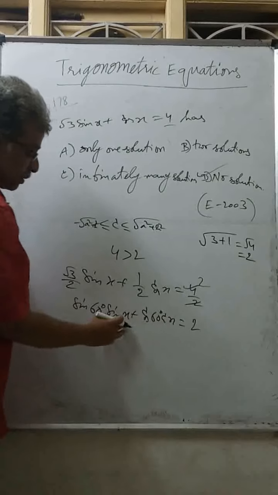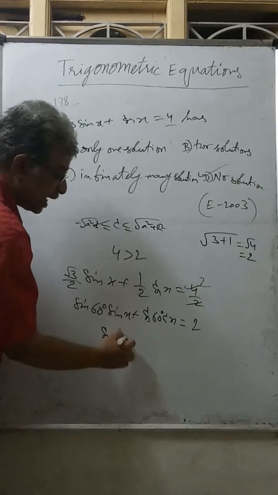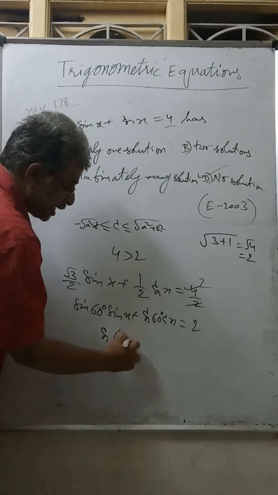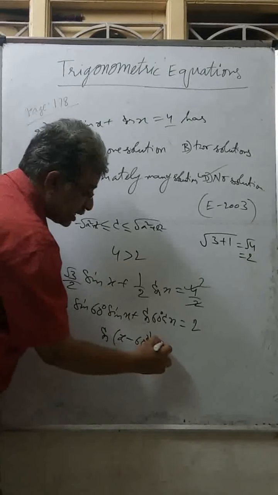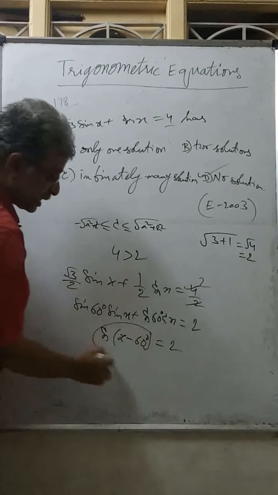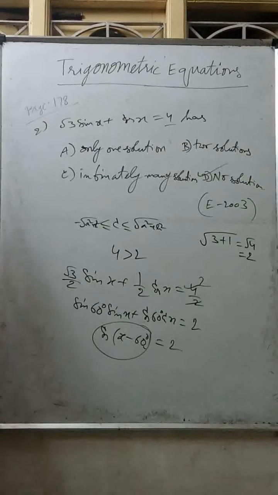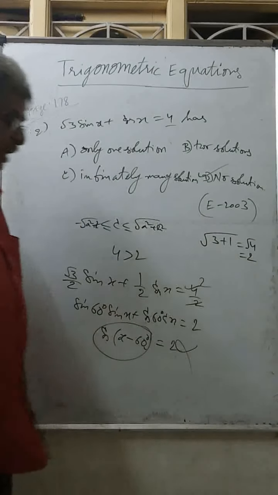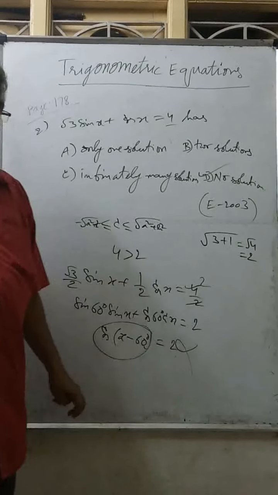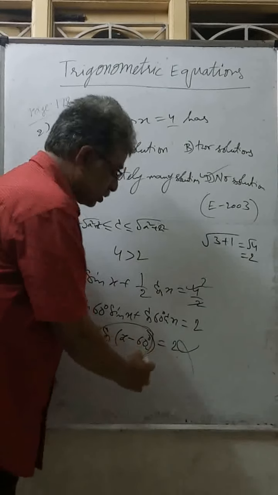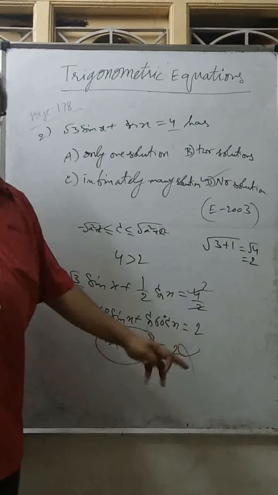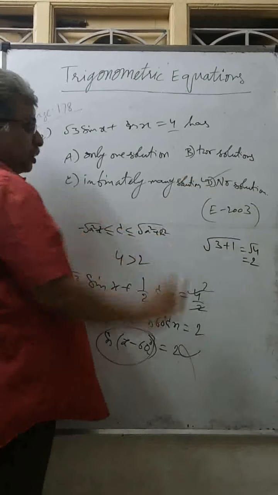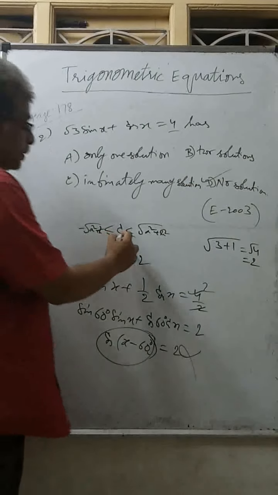Now cos A cos B plus sin A sin B. Cos of A minus B means x minus 60 or 60 minus x, it doesn't matter. But cos theta always lies between minus 1 and plus 1, we know. So this equal to 2 is not at all possible, because it is always between minus 1 and plus 1. It becoming 2 is impossible. So no solution.